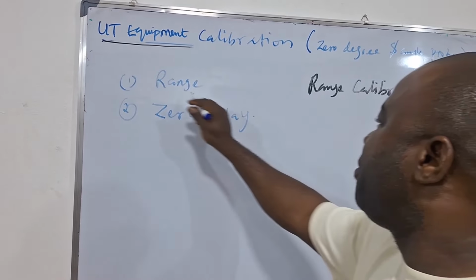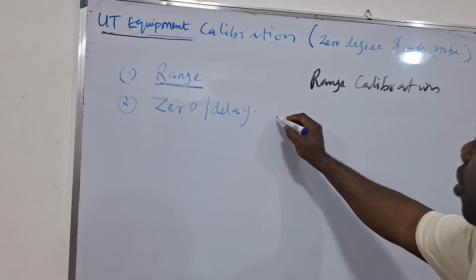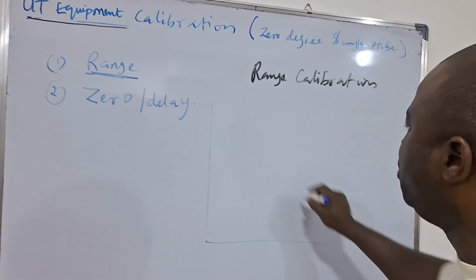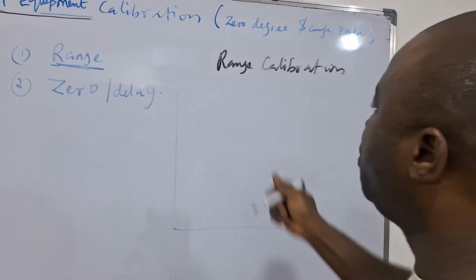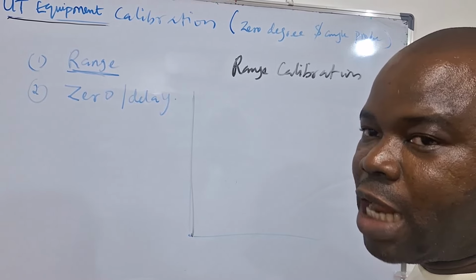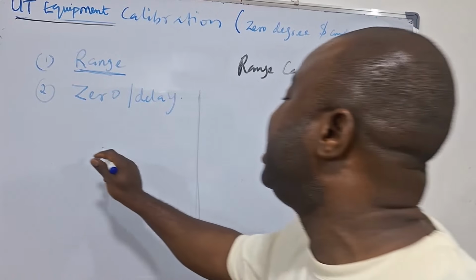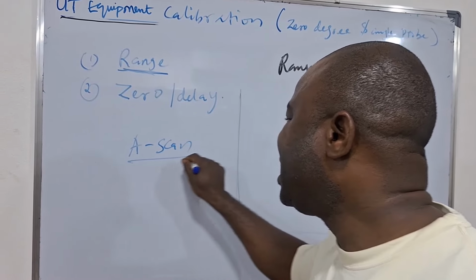Before I talk about the calibration proper, let's look at this whole concept of range. If you look at a typical UT machine, a typical flaw detector, or take note, in some procedure you will be told that you should use a UT machine with an A scan.